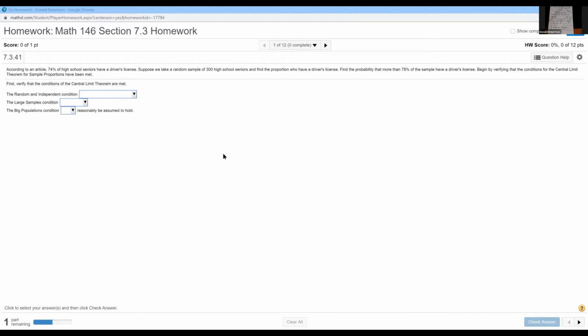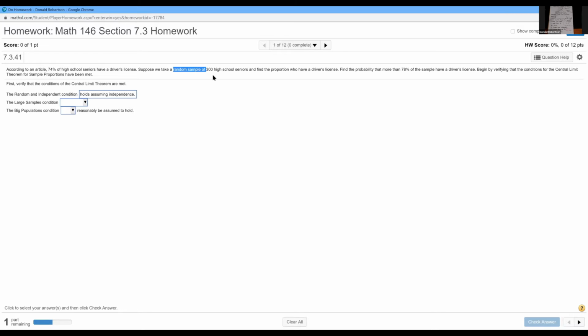First thing we're going to do is verify the central limit theorem. Well, if you pick a sample of 300 random high school students, is the sample going to be random and independent? Yep, you've kind of told me when you use the words random sample here, right? So I would say it holds, assuming independence.